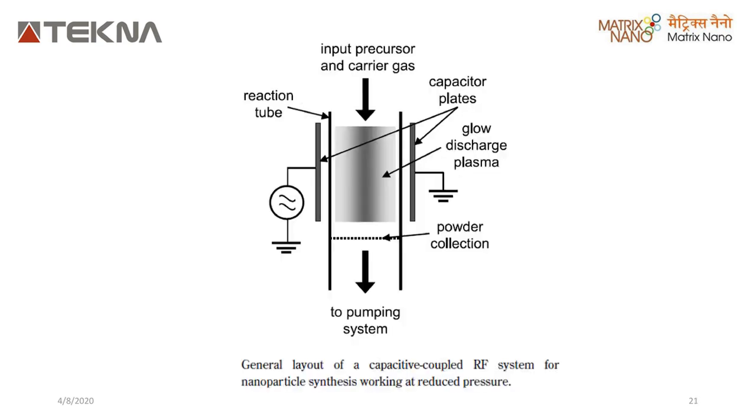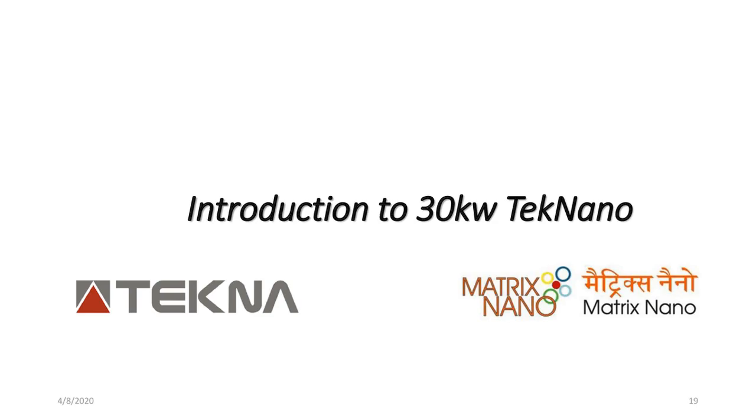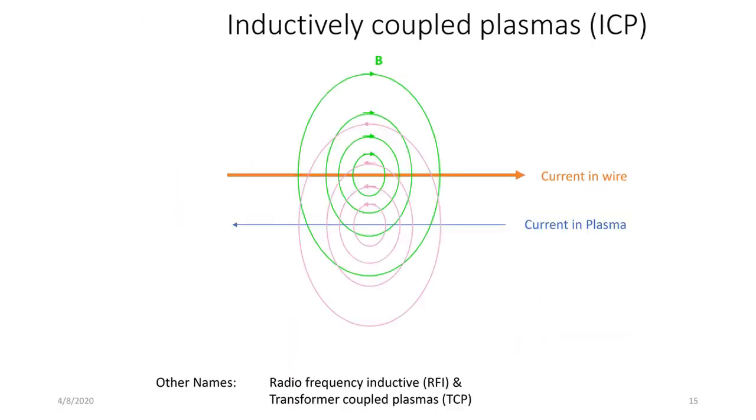Now let's talk about the general layout on how it works. See, you have an input precursor material along with a carrier gas, which is again an inert gas, which takes down the material into the plasma torch. Then you have the reaction tube, which is usually made of quartz and ceramic. The capacitor plates, which I'm talking about, is one of the models which acts on the principle of a sandwich.